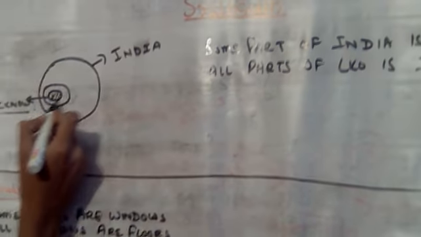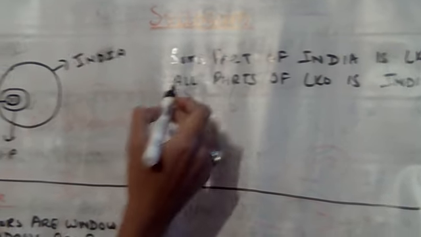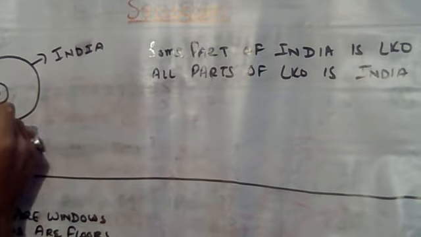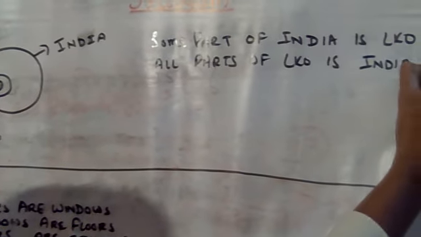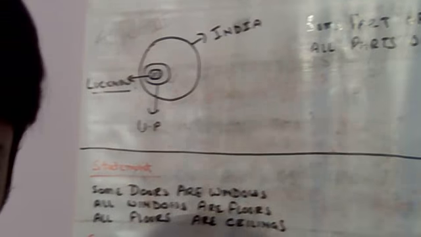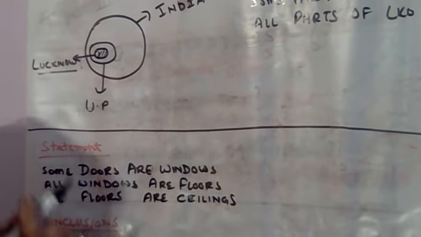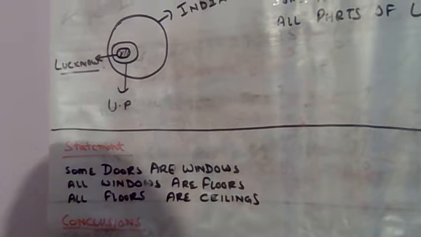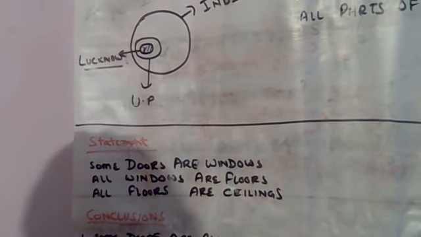So Lucknow is totally inside this big circle. That means that all parts of Lucknow, total Lucknow, is in India. So even this is correct. Why? Because Lucknow is contained in India. That is why all parts of Lucknow will be India.